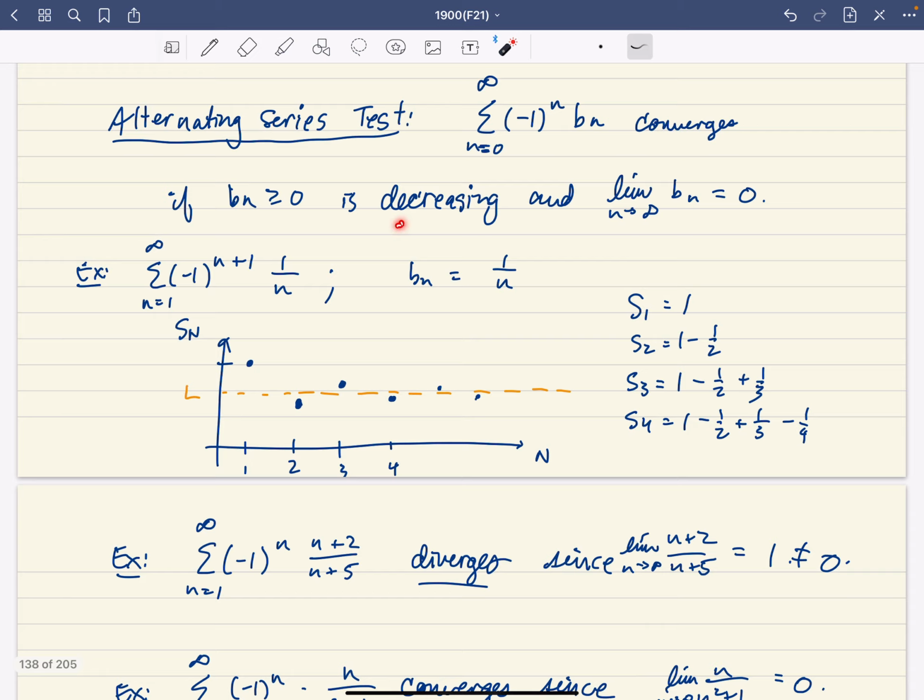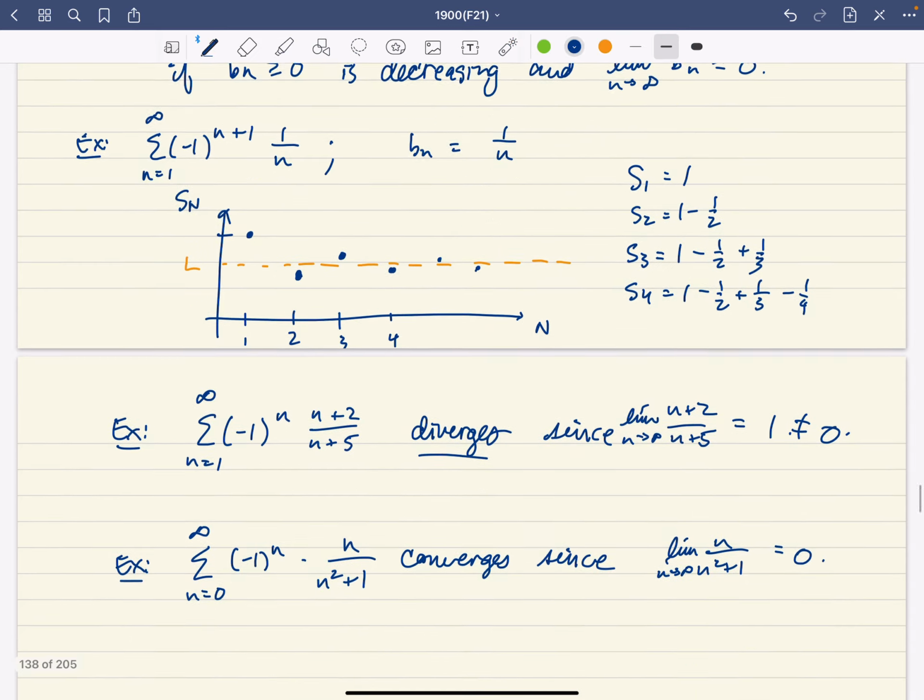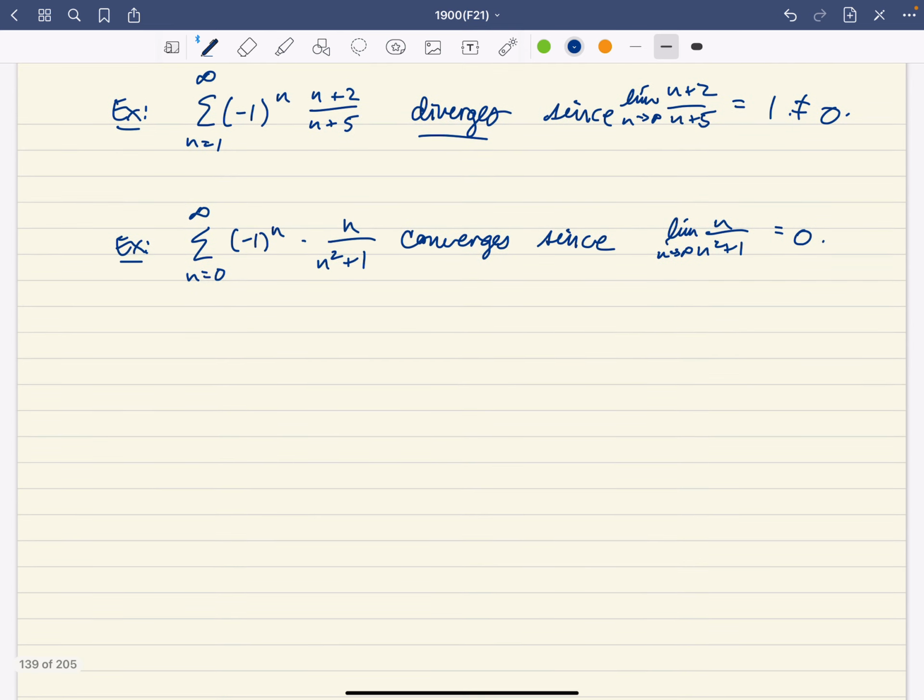There will be a place where it's important that this is decreasing, and we'll talk about that later. But for now, if we just want to test convergence or divergence, we really need to look at that limit and just make sure that the terms are positive. The reason why the terms have to be positive is that, for example, if you had negative 1 to the n times negative 1 to the n over n.